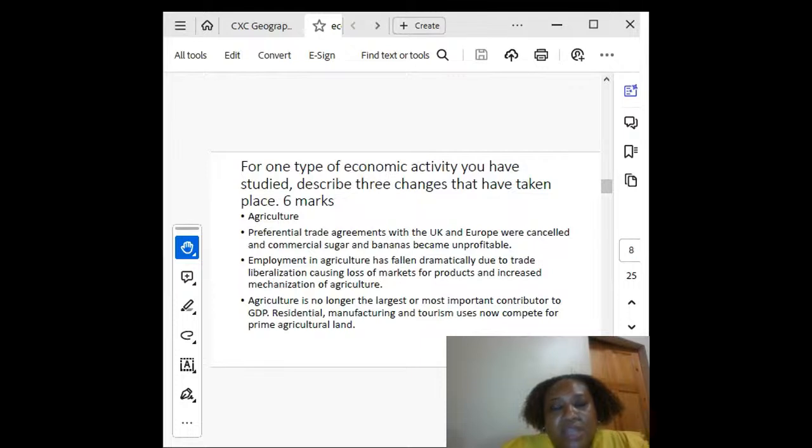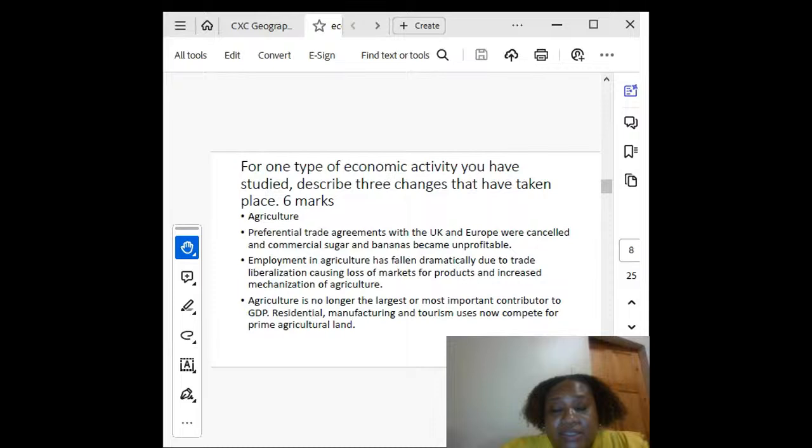One type of economic activity that you have studied, describe three challenges with it. So, for example, with agriculture, what are some of the three challenges that took place?